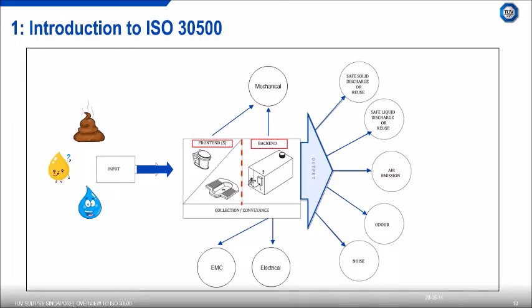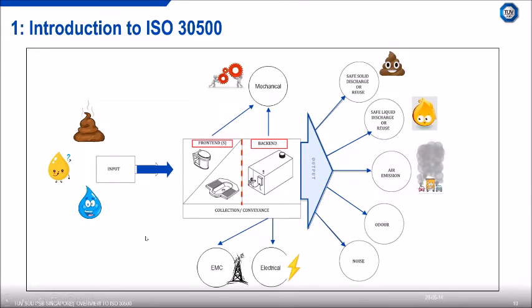It covers testing from mechanical to electrical, EMC. And in addition, when I say the standard is a performance-based standard, we have requirements for safe solid and liquid discharge or reuse, air emission, odor, and noise.